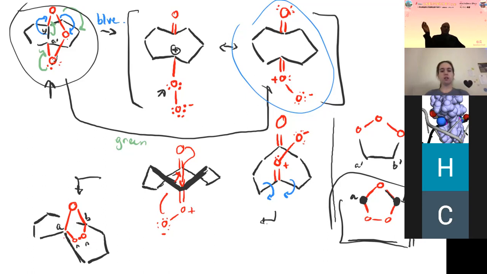This ties nicely into what we're talking about today. We were talking about how you have to put 85 to 90 kcals in to break a CH bond, right?